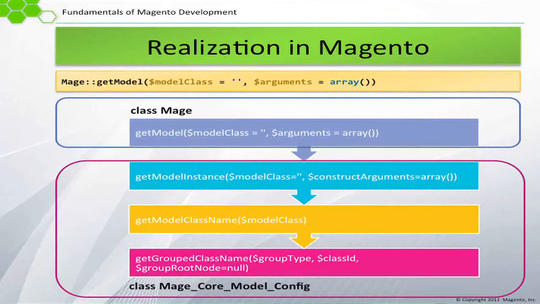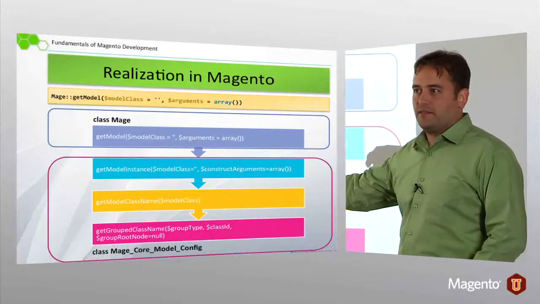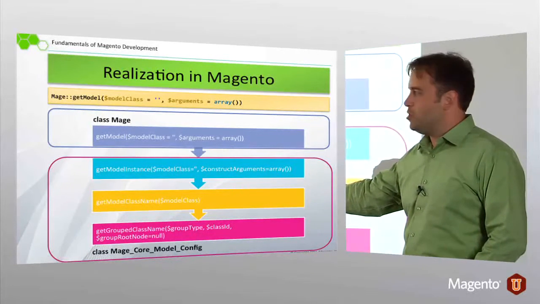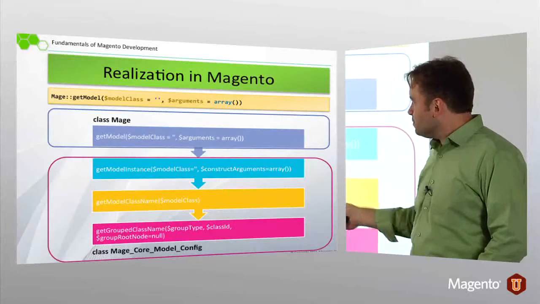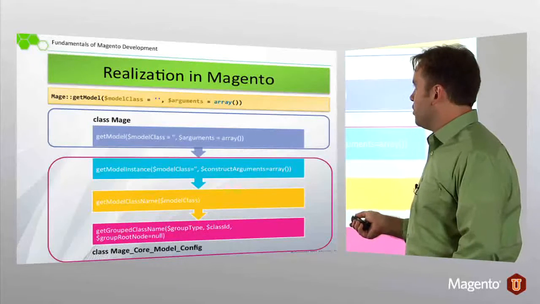This is a call you'll see lots of places. Mage::getModel. The first parameter is the model class, and then you can pass in some arguments that get passed to a constructor. What does this do? This is Mage, that file that we opened earlier, app/Mage.php. That's this class. Inside is this function getModel.